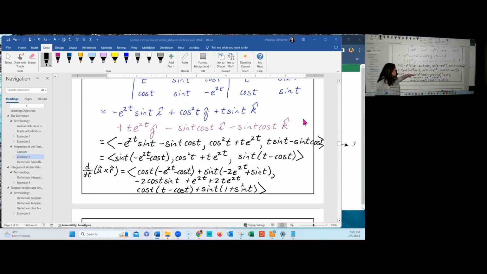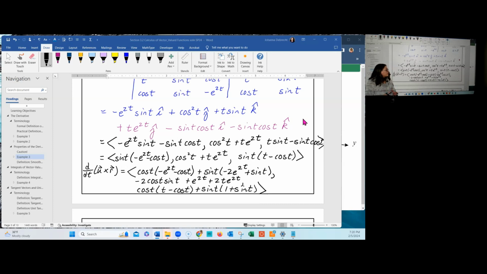So the first of the three lines is the derivative of the I hat component, which gives us cosine t times the quantity negative e to the 2t minus cosine t, plus sine of t times the quantity negative 2e to the 2t plus sine of t. All of that makes the I hat component.